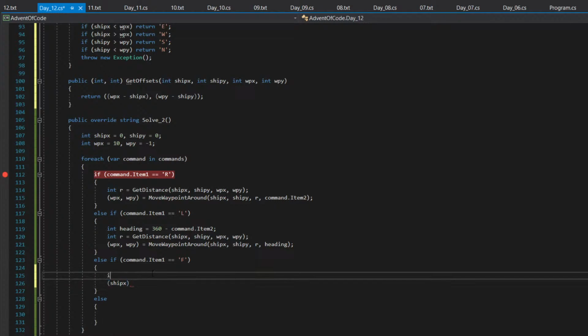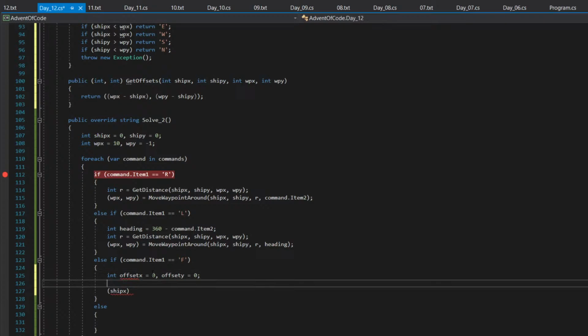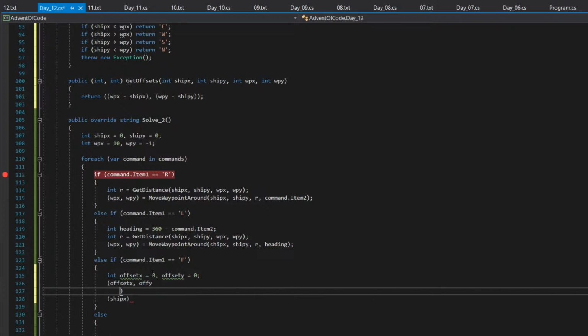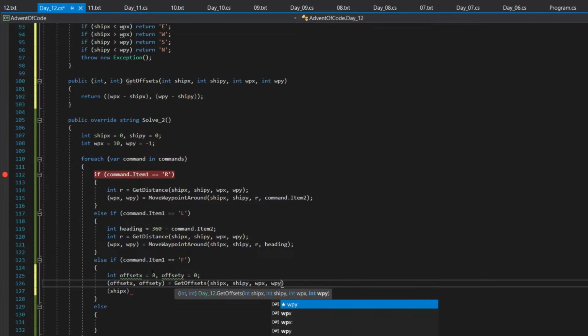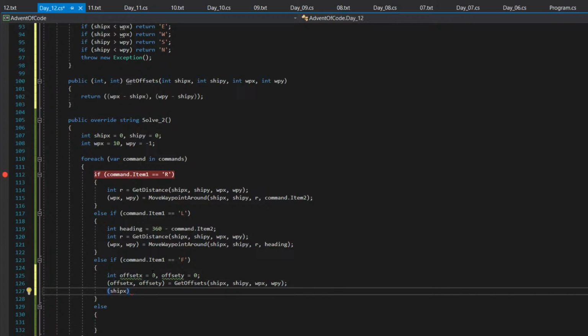So let's say offset X, offset Y, offset X and Y equals get offsets, ship X, ship Y, waypoint X, waypoint Y. And then we're going to move our ship.